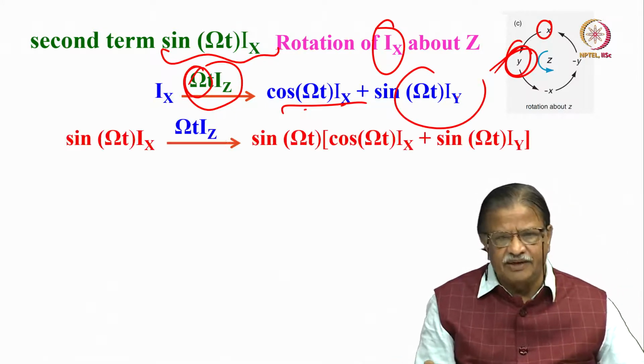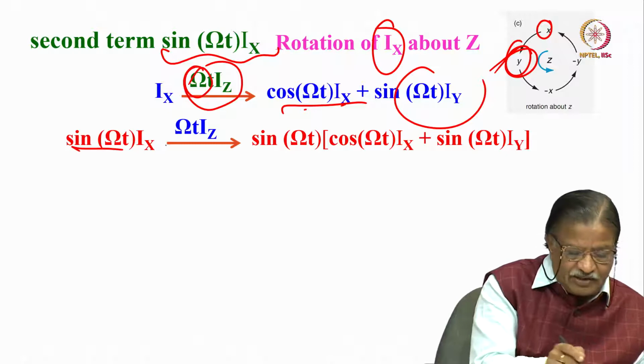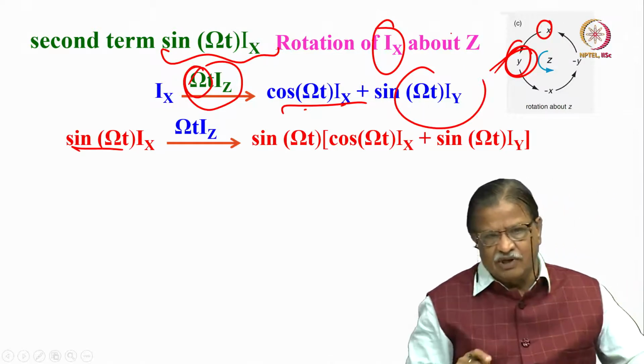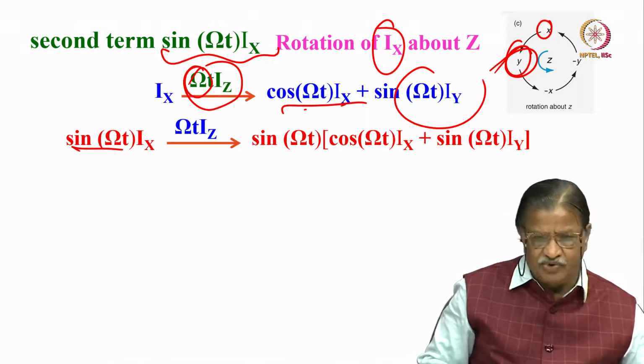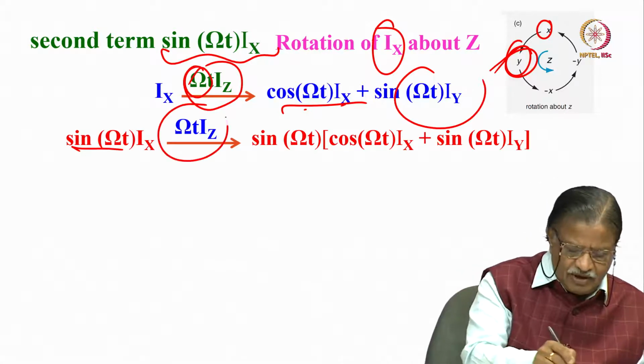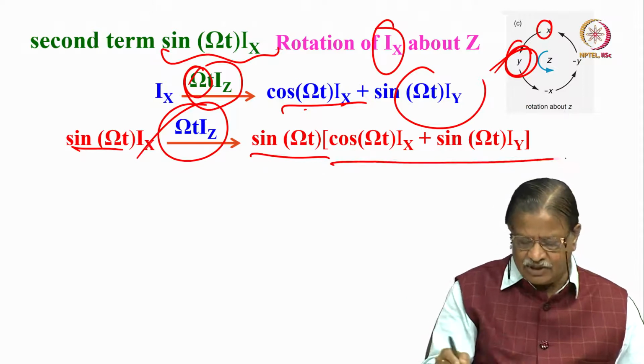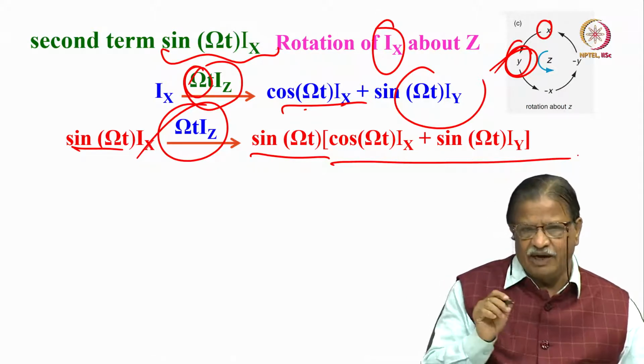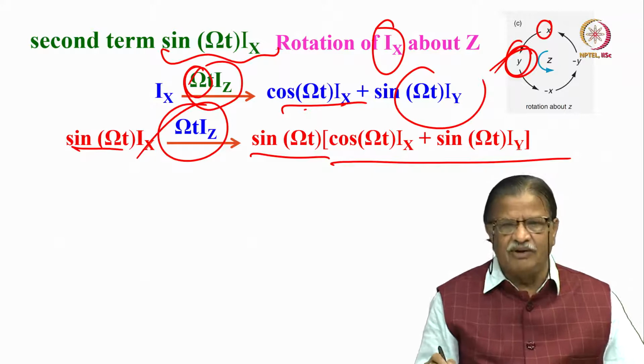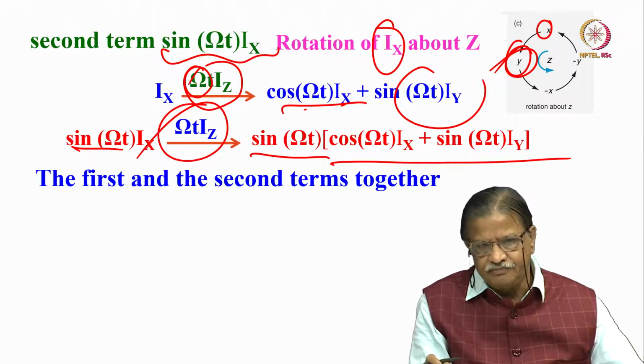This is the solution for it. Now the sin omega t product was also there, which you cannot ignore. So during free precession this turns out to be sin omega t into cosine omega t Ix plus sin omega t Iy. This is what you are going to get.